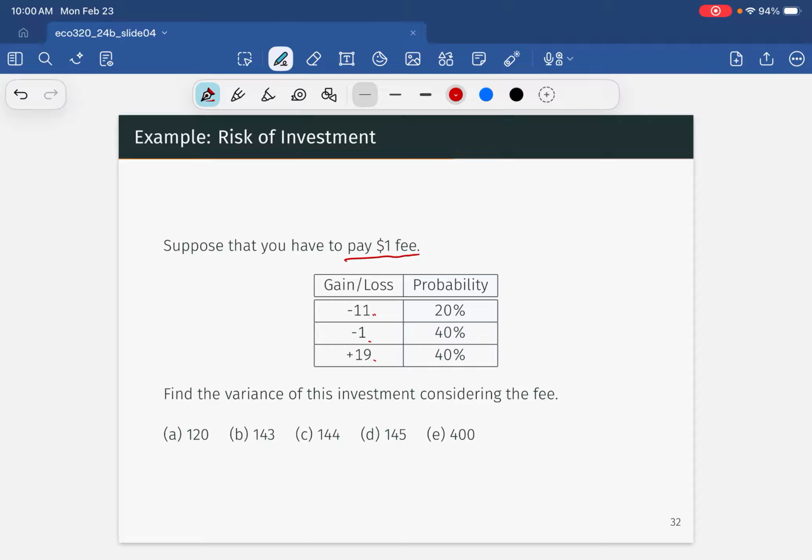Including the fee, the net gain and loss are given like this. These are also another outcome transformed from the original variable. You try to calculate the variance using the method that I demonstrated earlier. And then watch the next video.